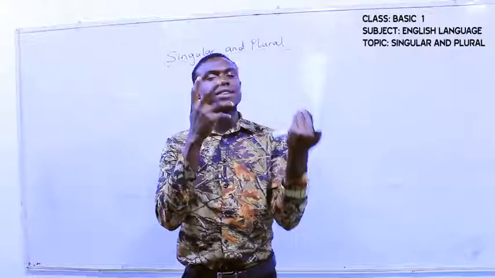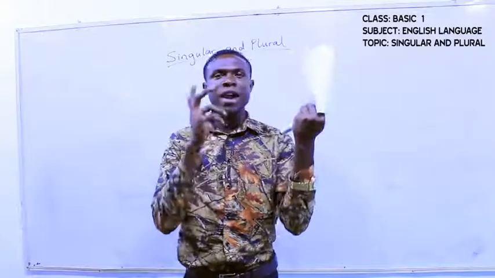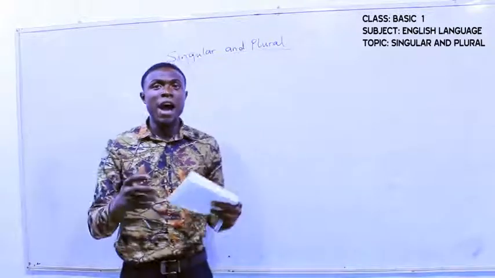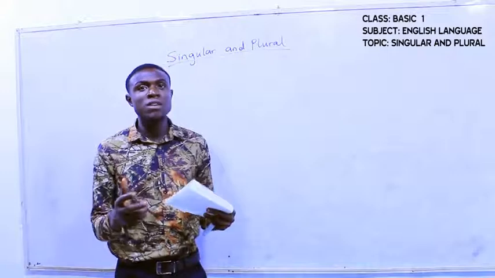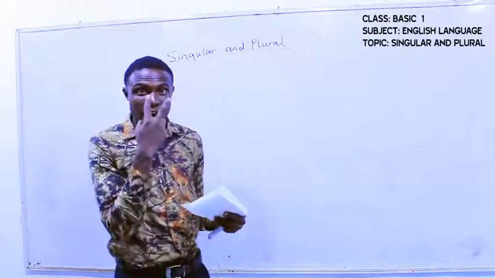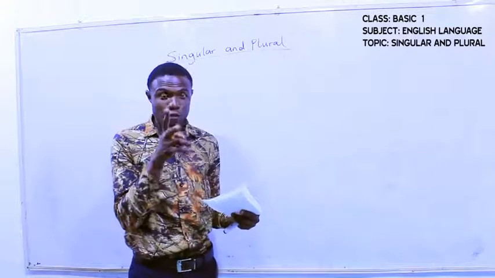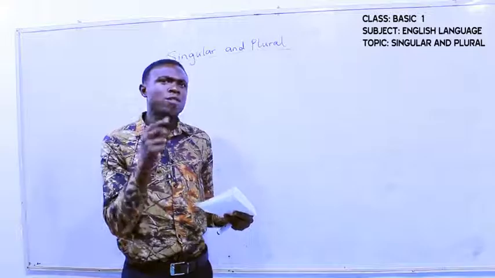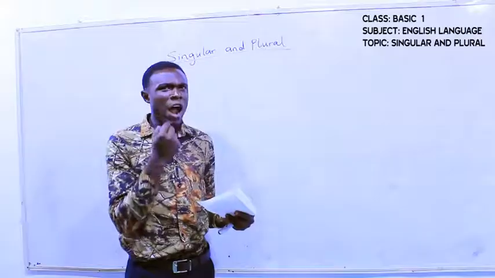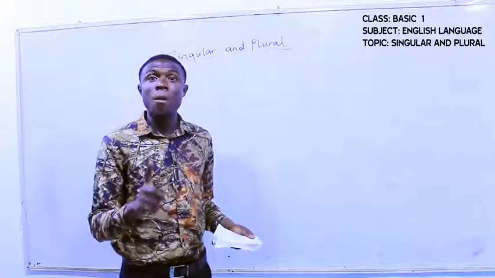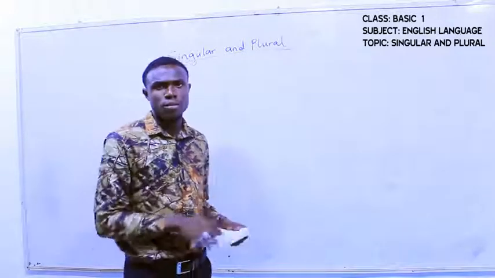Okay? Now, look at your hand. You have two hands. These two hands are plural because they are more than one. Look at your eyes. How many eyes do you have? You have two eyes. So those two eyes are plural because they are more than one.